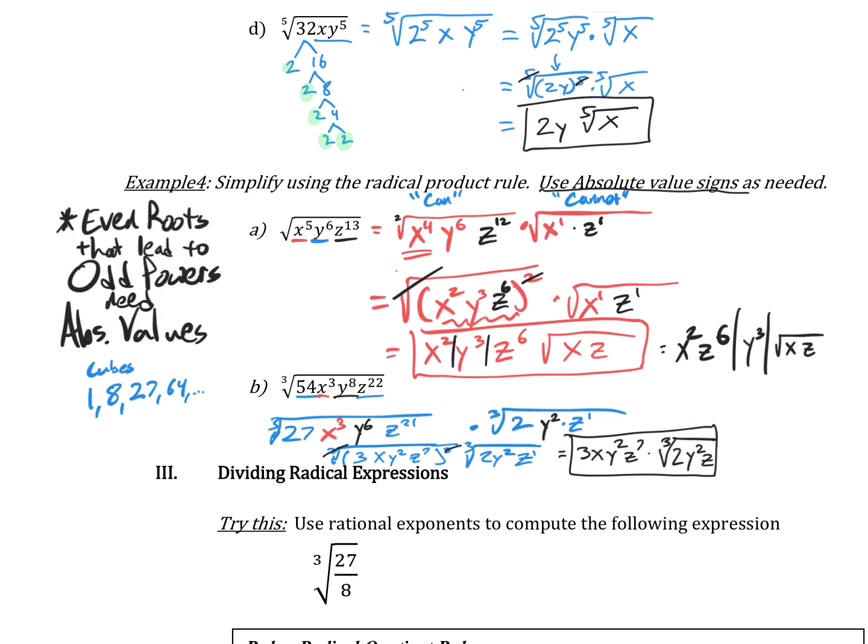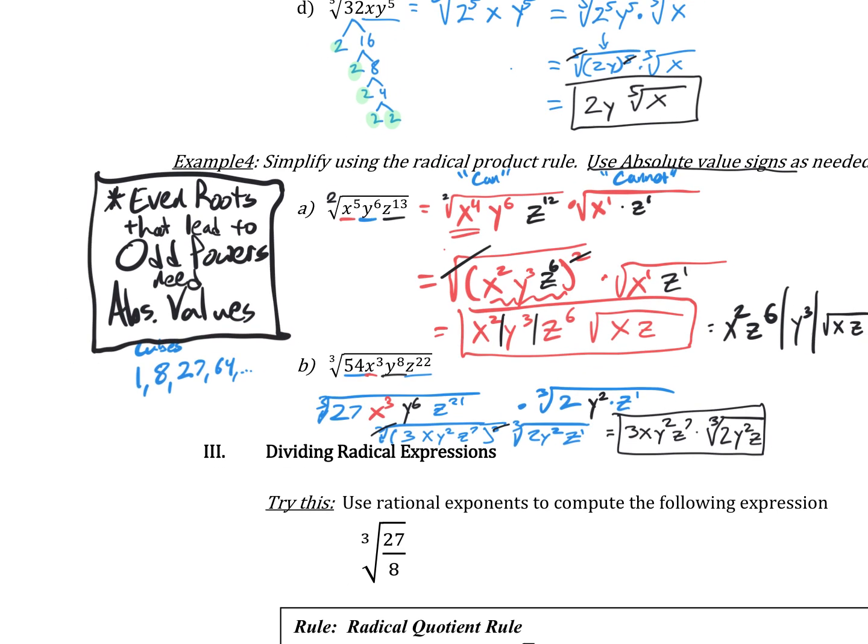This is a square root, an even number. 3 is not an even number, but 2, that is an even number. Even roots that lead to an odd power need absolute values. Don't get too hung up on that. It's important, it's not too major. The idea is we just need to make sure this is positive.